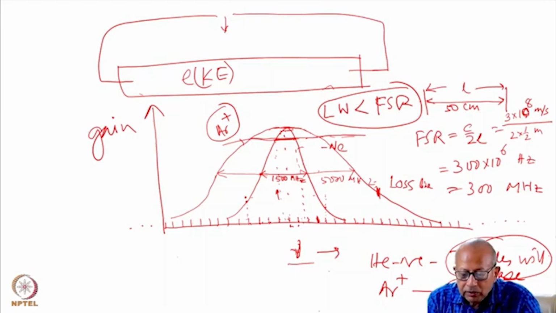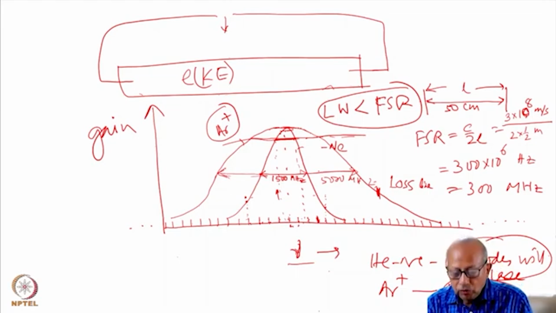That is because the broadening is so much more that the top becomes very flat. So few neighboring modes have almost similar gain. So by increasing the loss, it would be very challenging to force emission of argon ion laser on a single mode.